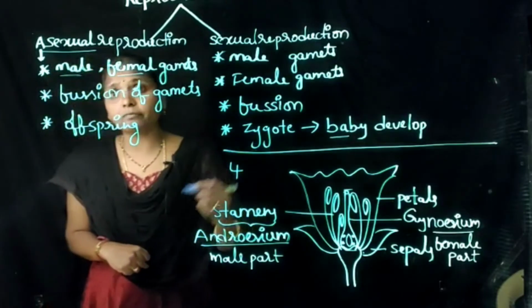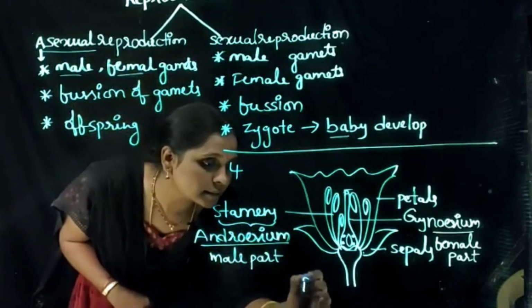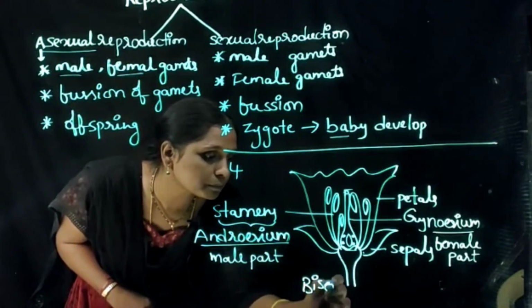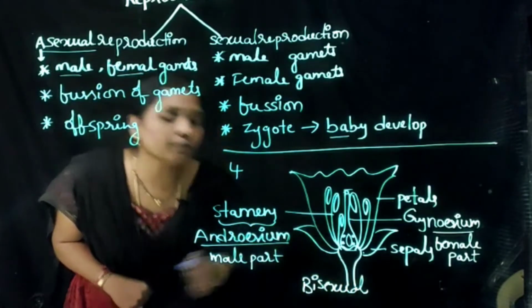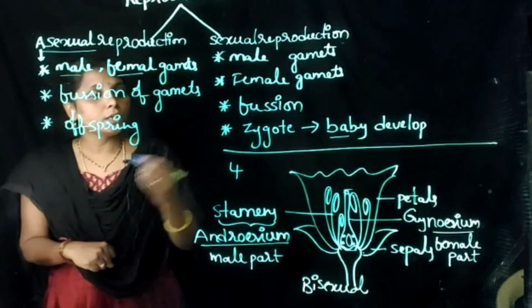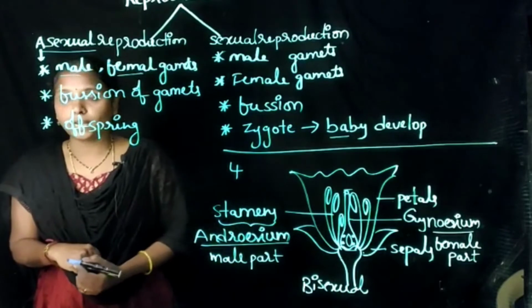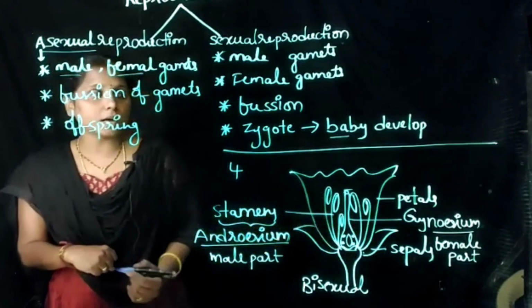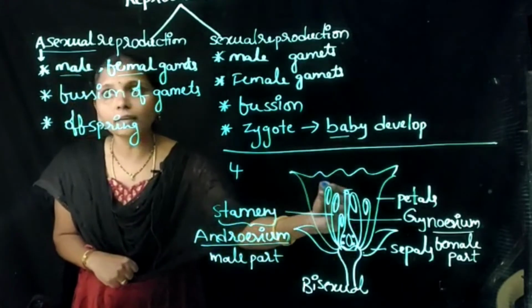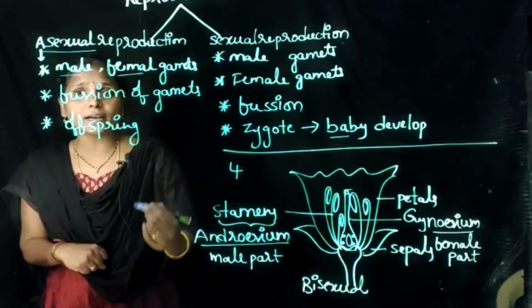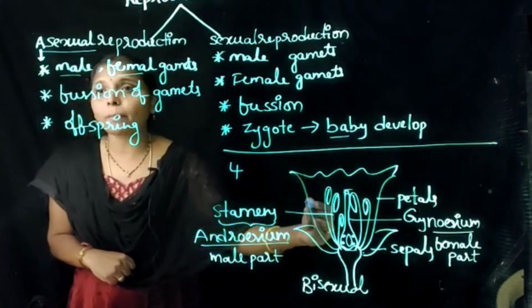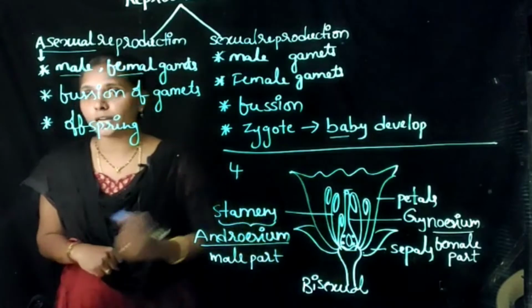That type of flowers are called bisexual flowers. Bisexual means two sex, means here the male part and female part of the flower we can find in only one flower. So that's why that type of flowers are commonly known as bisexual flowers.